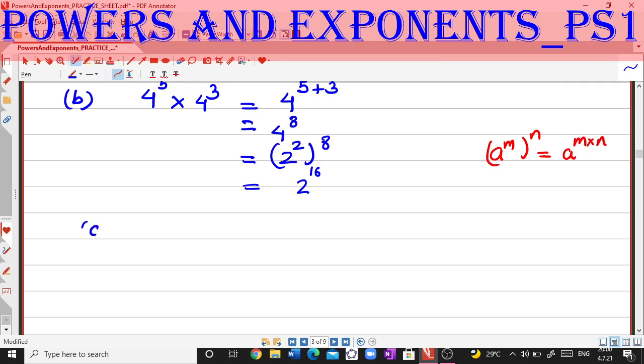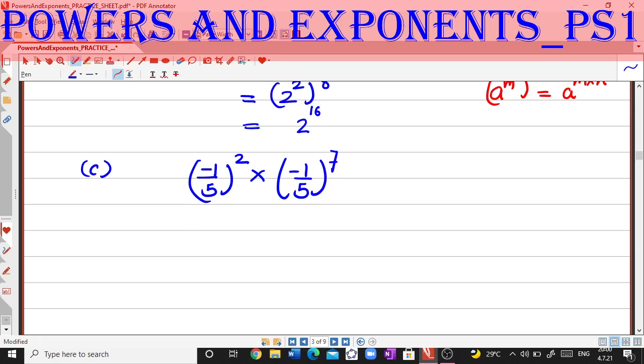So this is minus 1 upon 5 to the power 2 multiplied by minus 1 upon 5 to the power 7. Again the base is same, so we have to write minus 1 upon 5 as it is and add the powers.